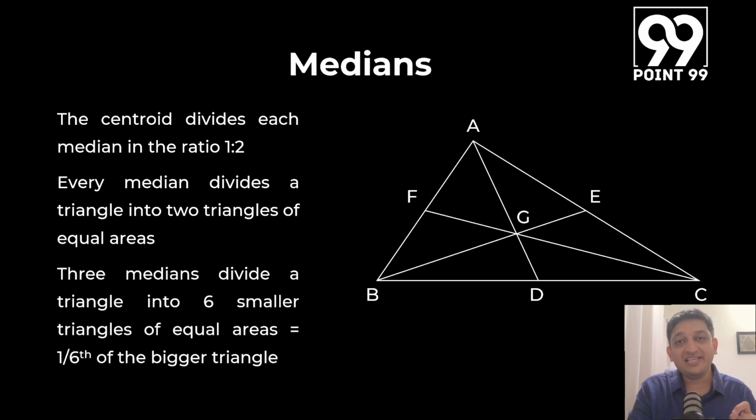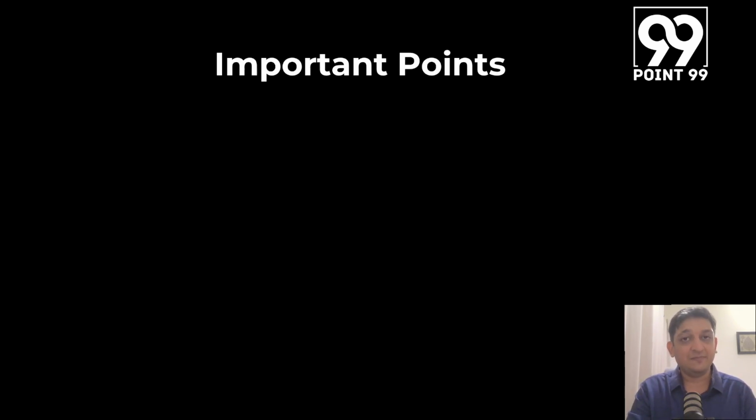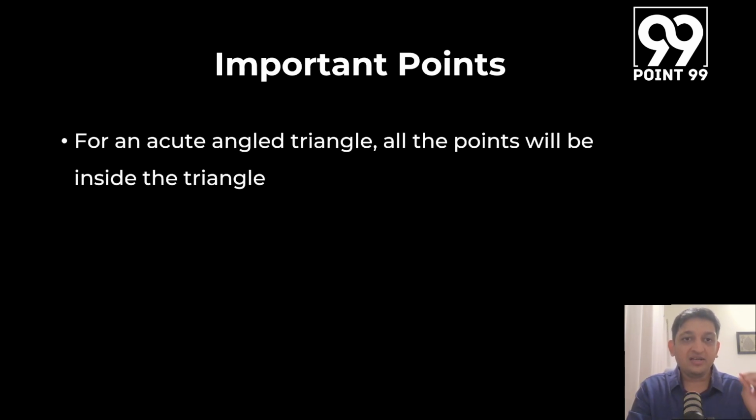Also, very interesting and important, the three medians divide the entire triangle into 6 smaller triangles: AGF, BGF, BGD, CGD, CGE and AGE. These 6 triangles will all have equal areas, each 1/6 of the area of the bigger triangle.